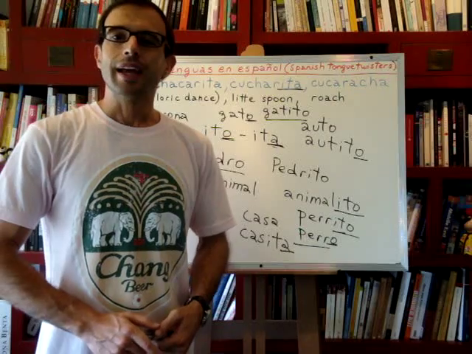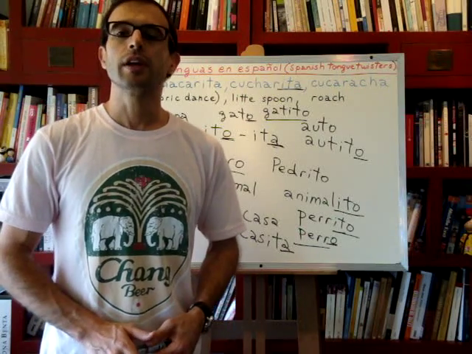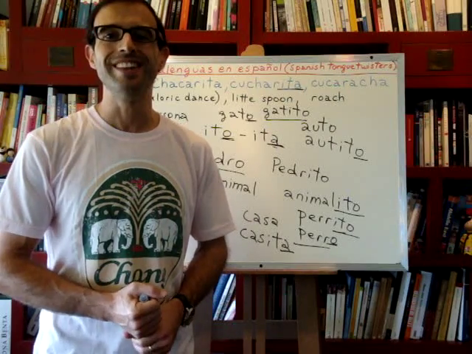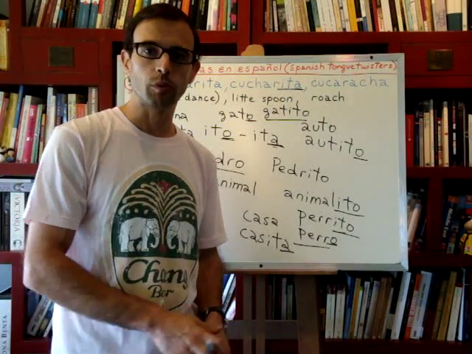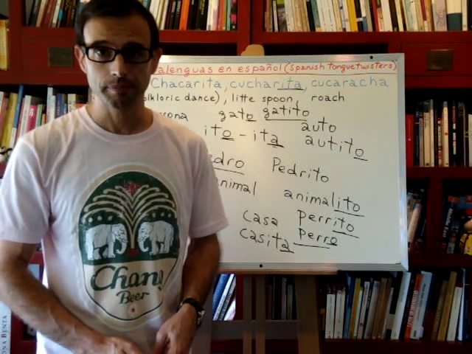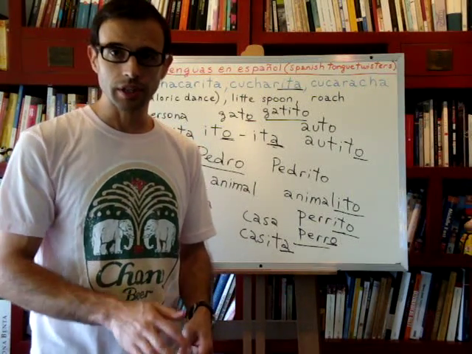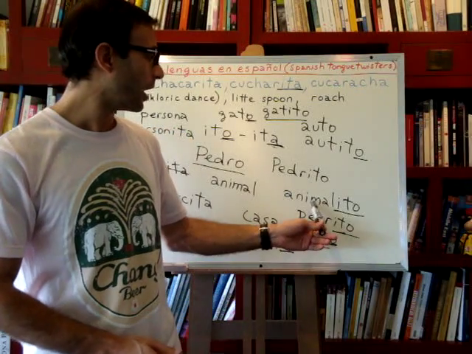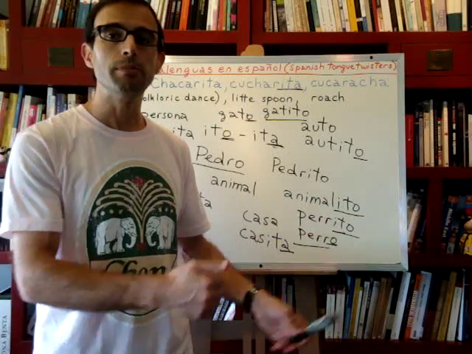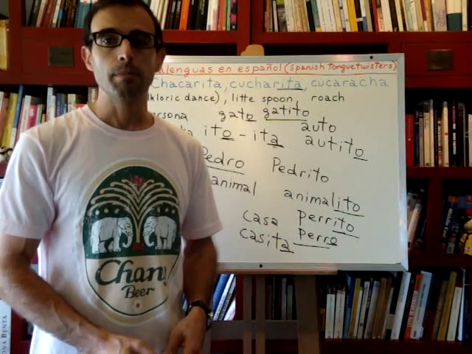And exceptionally, it's also used with disdain. Why? Because of the irony. When we are disdainful towards something or somebody, ironically, we can address that or him or her with a diminutive, right?